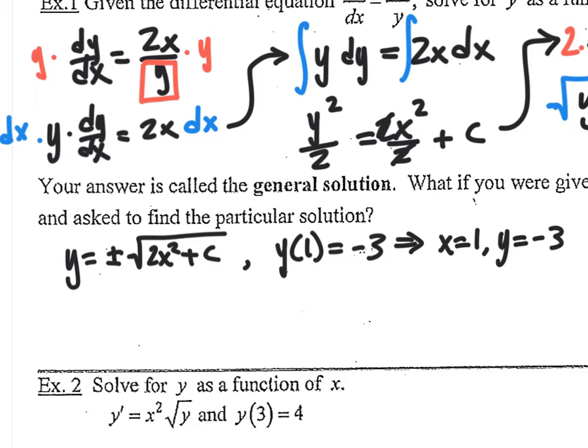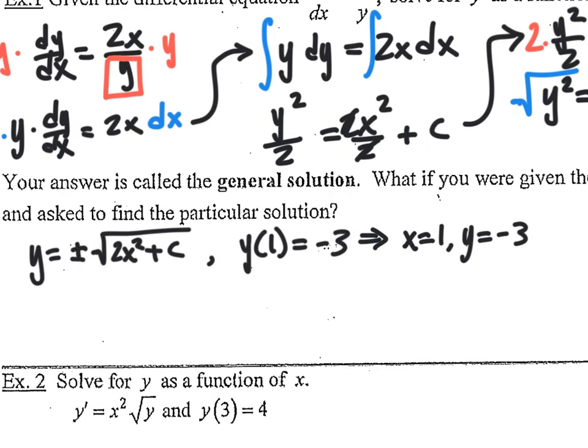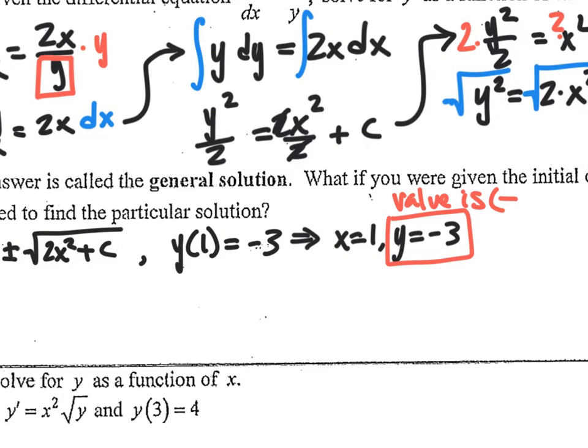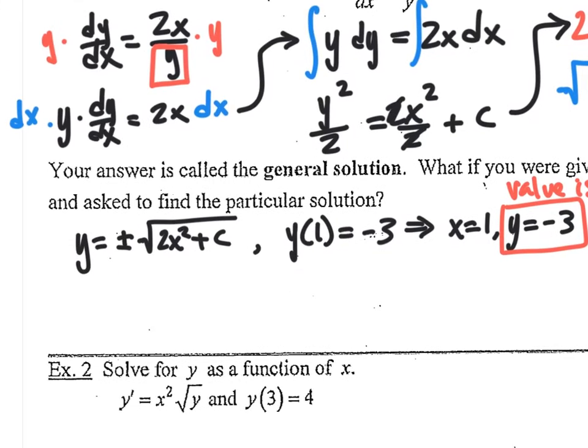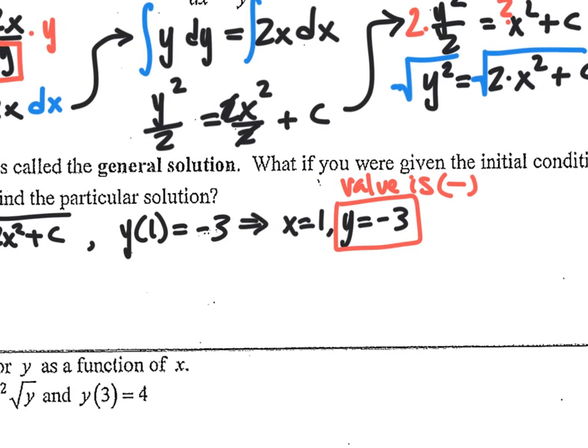Now on this equation, we have this plus or minus symbol, okay? And what we know here is that the y value is negative, and I'm going to note that here. This value is negative. So because this y value is negative, we choose the negative square root.